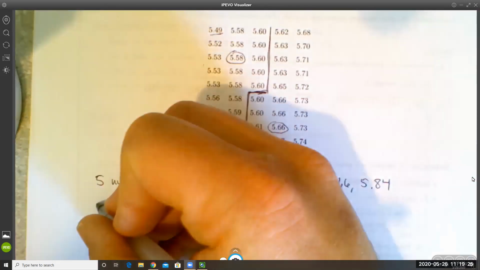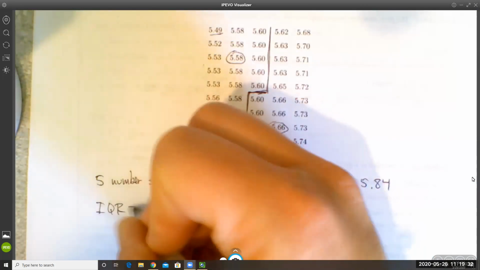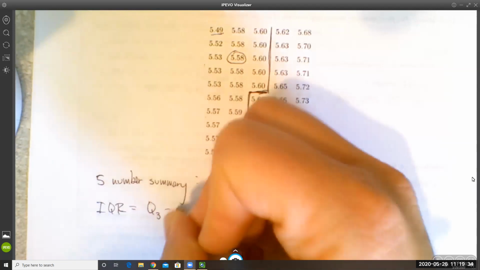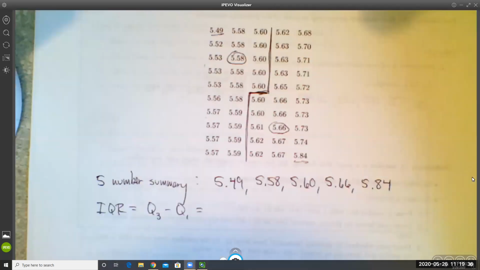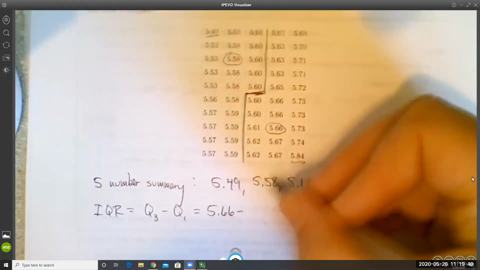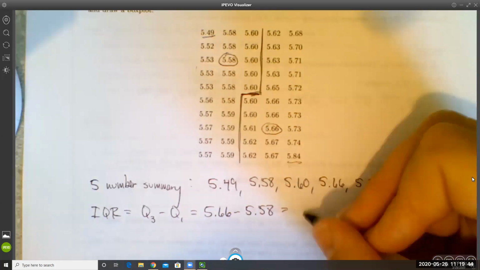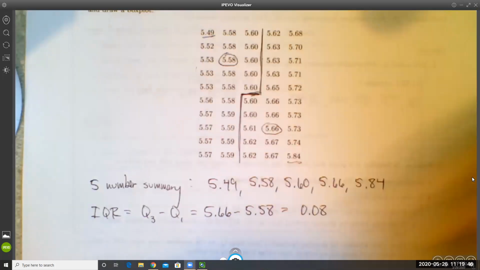To do that, we need to compute our fences. What we should do first is figure out what the IQR is. The IQR is Q3 minus Q1. That's going to be 5.66 minus 5.58. That comes out to 0.08. Now we can compute our fences.